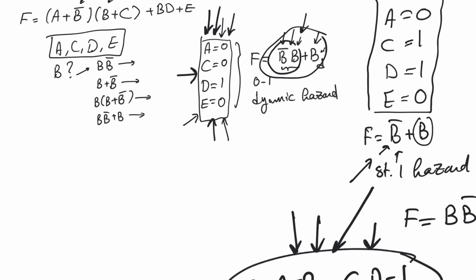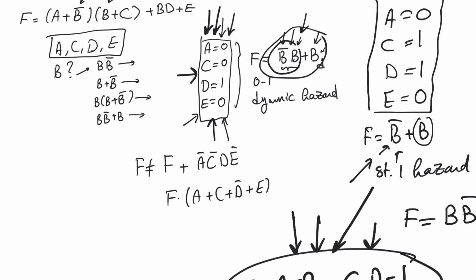If you form a product term out of this input combo, meaning A bar, C bar, D, E bar, and then add it to the original function, or if you form a product term A plus C plus D bar plus E, and you multiply it by the original function, this actually changes the function. So this changes f. This does not equal f.